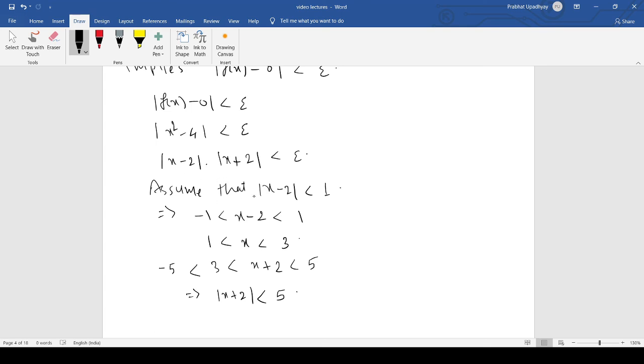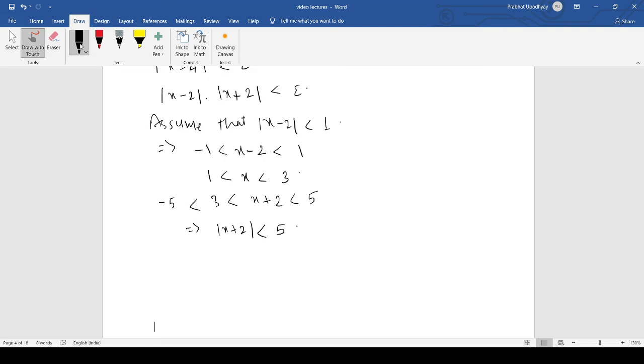So, if mod x minus 2 is less than 1, you will have mod x plus 2 is less than 5. Now if I multiply by mod x minus 2 to this inequality, I will have mod x minus 2 into mod x plus 2 is less than mod x minus 2 into 5.